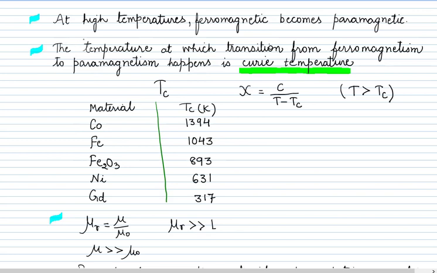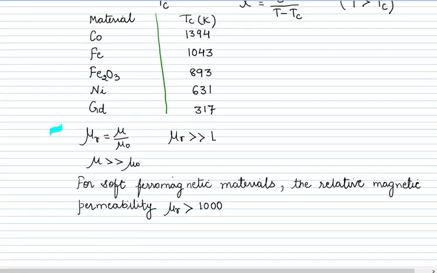Always keep in mind 3 points: at high temperature ferromagnetic behaves as paramagnetic, and the temperature at which the transition takes place is known as the Curie temperature. These are the different materials with their Curie temperatures, and this is the relation given in terms of the Curie constant and the Curie temperature. And since the relative permeability has a very high value for ferromagnetic materials, for the soft ferromagnetic materials this value exceeds even 1000. So keep in mind these 3 points.